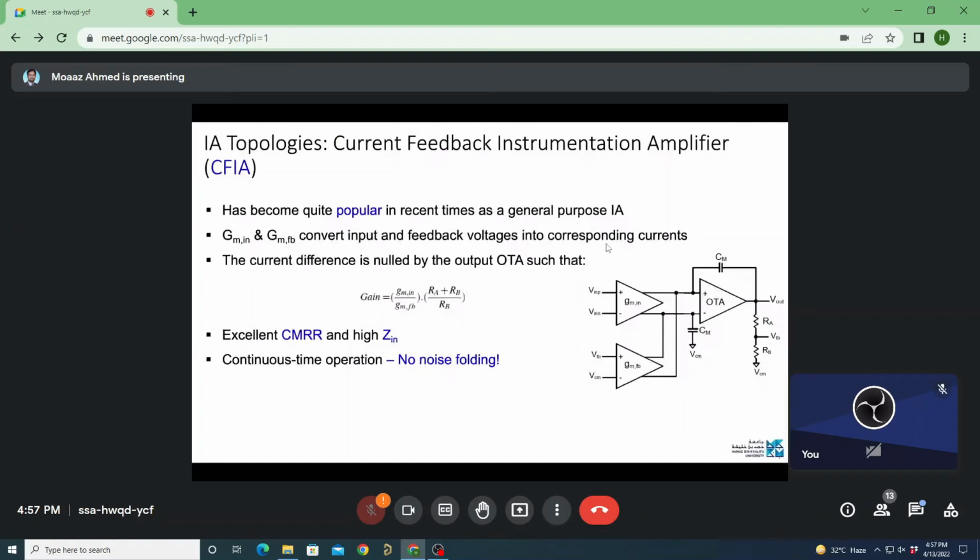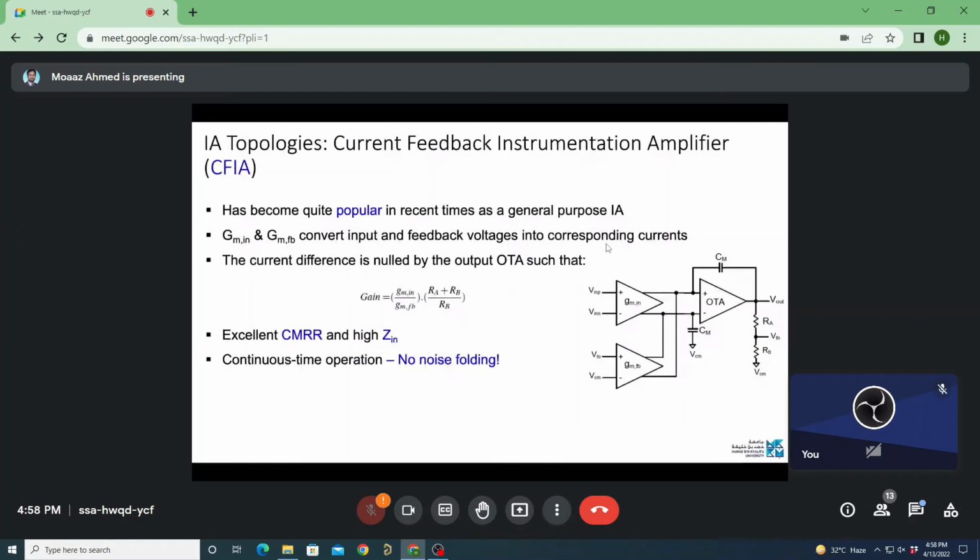To simplify, these two transconductors are usually identically designed, because there is always a transconductor mismatch, since these are implemented with the input pair transistors. So they are well matched and usually equally sized.